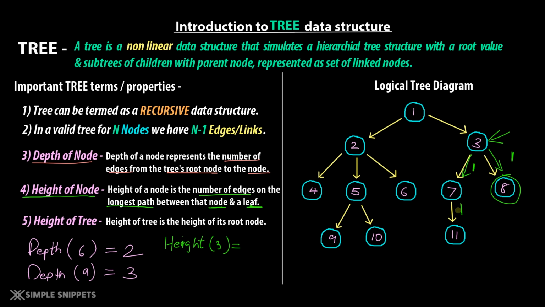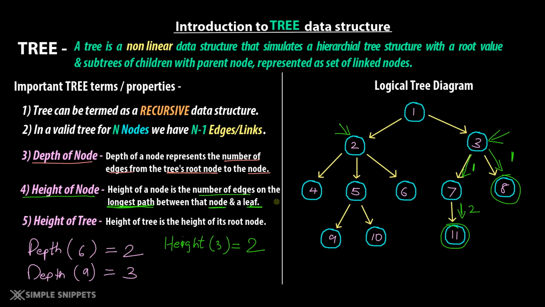And then we can go from 7 to 11, which is the second edge. And this is also a leaf node. So we have two options of leaf nodes starting from node 3. We have to select the longest path. Which is the longest path? Obviously, we will go from 3 to 7 and 7 to 11 because there are two edges. So 2 is greater than 1. So height is going to be 2. Okay. So the height of node 3 is going to be 2.